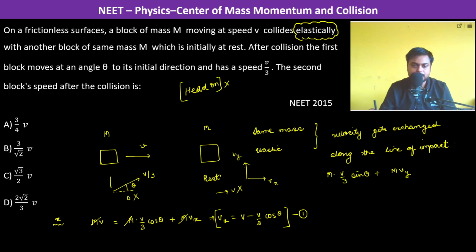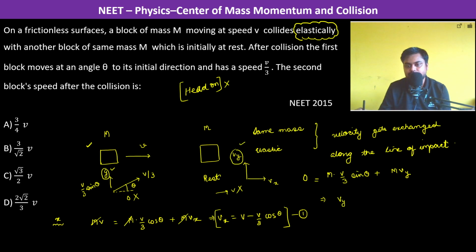This is the momentum in the y direction for the first mass. Initially the momentum in the y direction was 0 for both of them, so this is equal to 0 plus m vy. Therefore vy is equal to minus v by 3 sin theta.